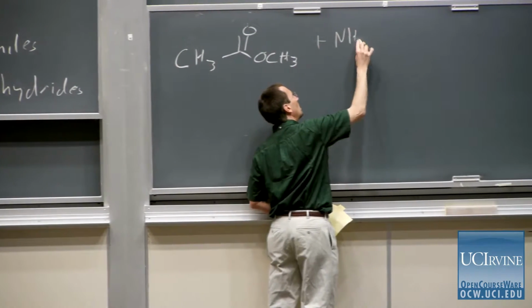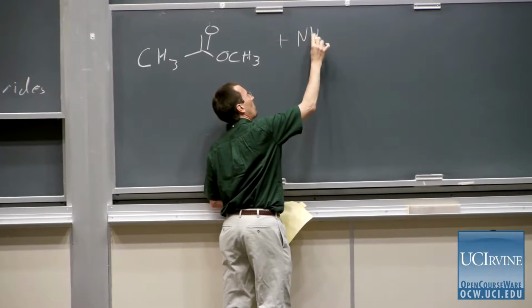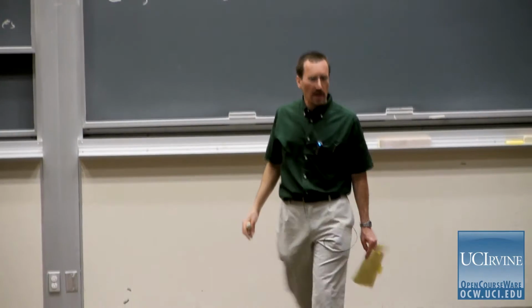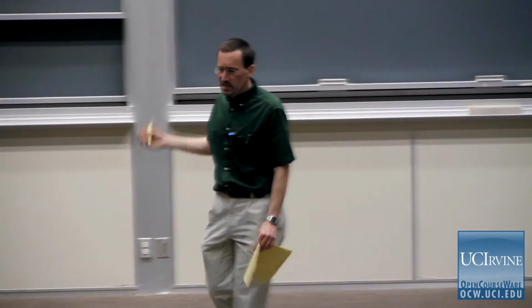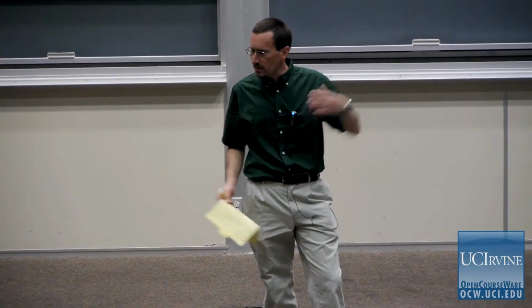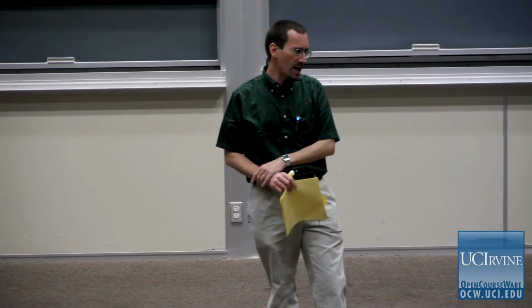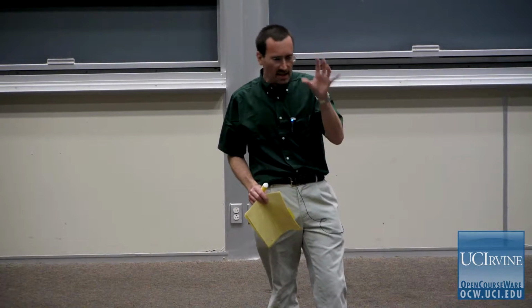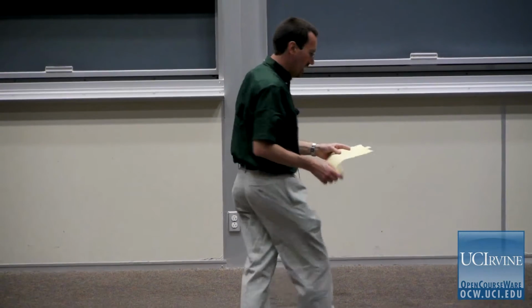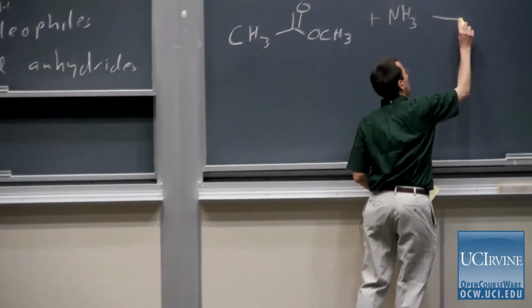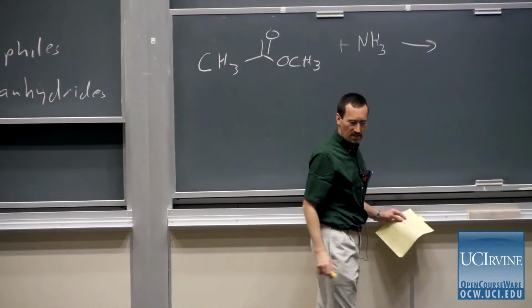Now, when we were talking about nucleophiles before, we talked about species like ammonia and hydroxide as basic nucleophiles. These aren't super basic nucleophiles like Grignard reagents and hydride reagents, but they're not things that are base only in name. And ammonia is a good enough nucleophile that it will react with esters.